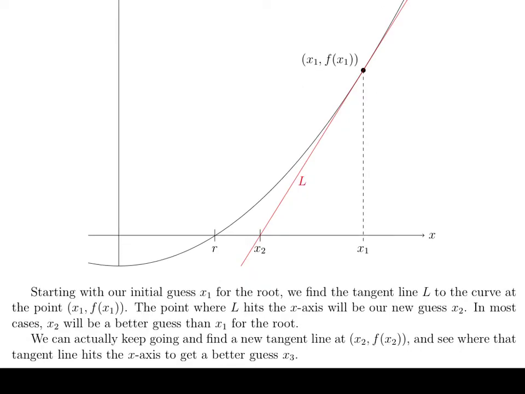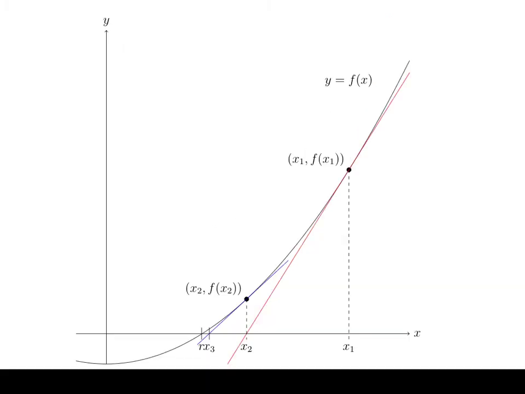Now let's keep going. Let's find a new tangent line at the point x2, f of x2, and see where that tangent line hits the x-axis. We'll get our better guess, x3. So here's the revised picture. You can see that we've computed the tangent line at x1, f of x1, and that has hit the horizontal axis down here at x2. And now we go up to the point x2, f of x2, and create a new tangent line.